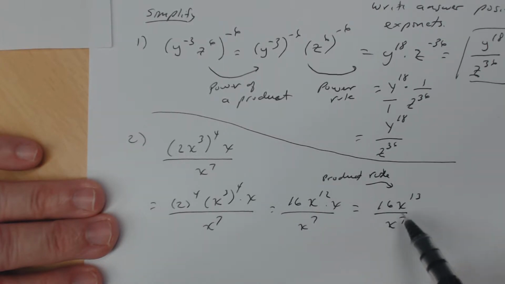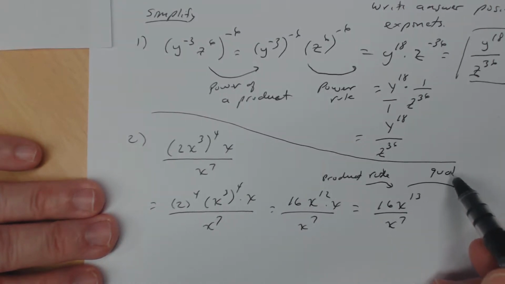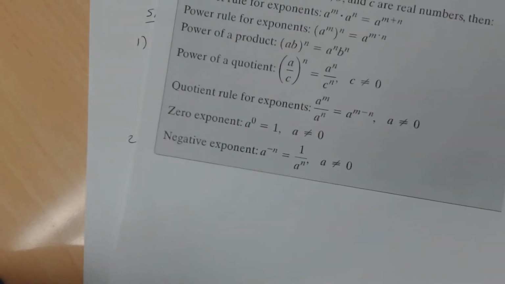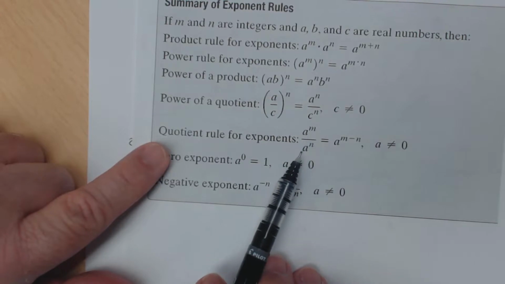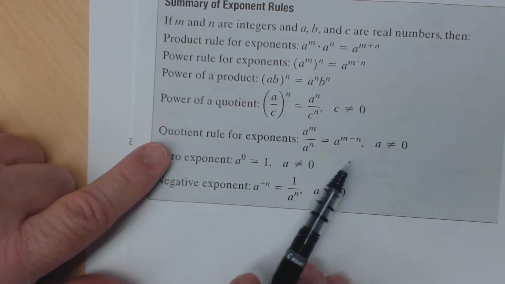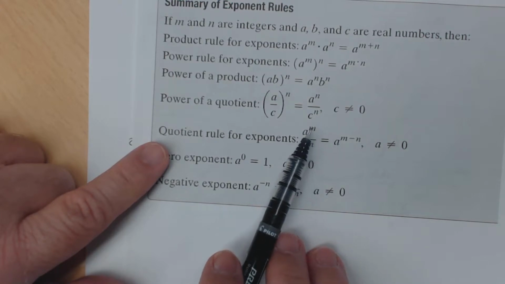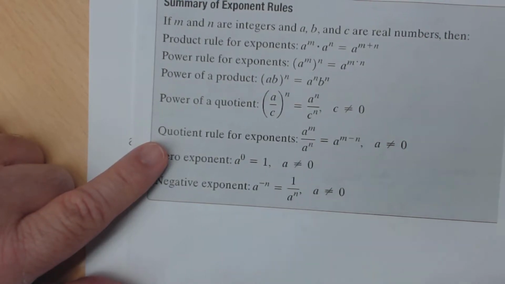Now notice I'm dividing like bases. So now I'm going to use the quotient rule. Remember the quotient rule says that when you divide like bases, you subtract exponents. So it's the base, which is a here, raised to the exponent that's in the numerator, subtract the exponent that's in the denominator.